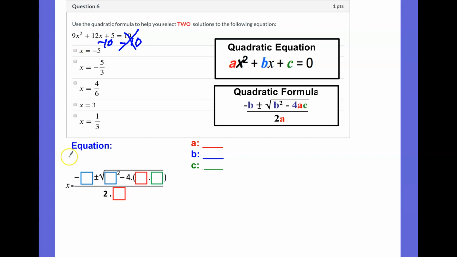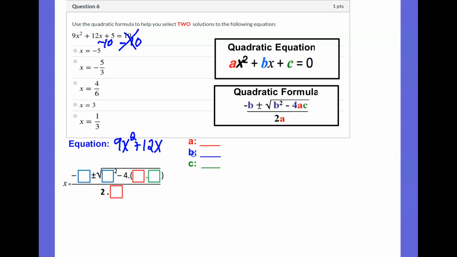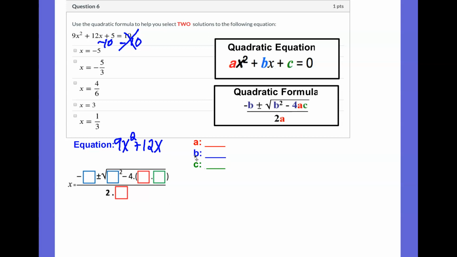So I'm going to write the equation on the bottom. 9x squared plus 12x plus 5 minus 10. That will give me -5 equals 0.